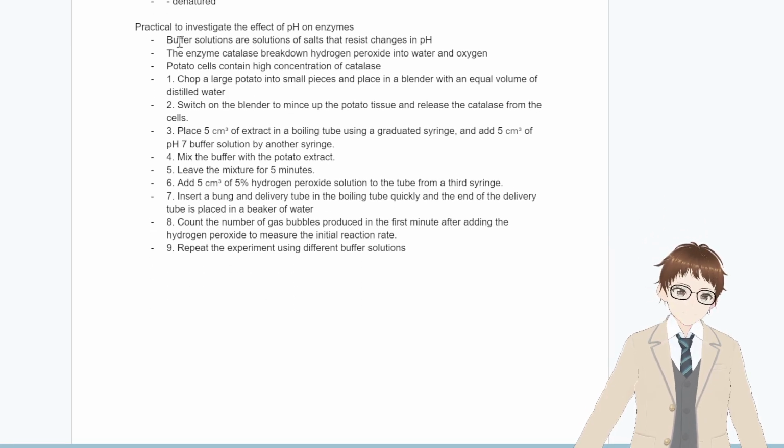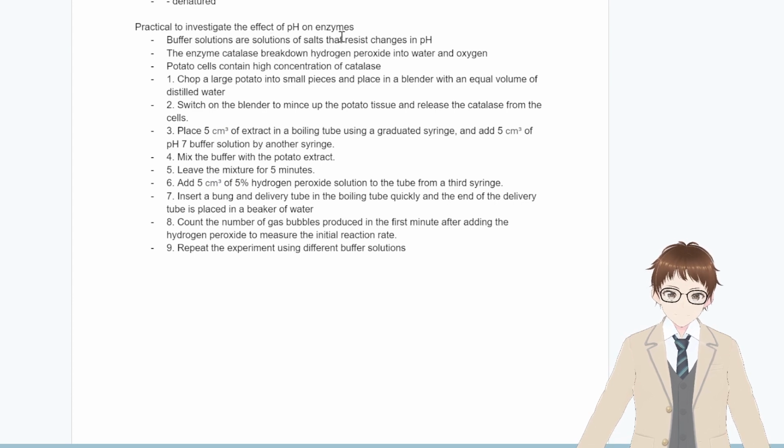The practical to investigate the effect of pH on enzymes. Firstly, these are things you need to know. Buffer solutions are solutions of salt that resist changes in pH.